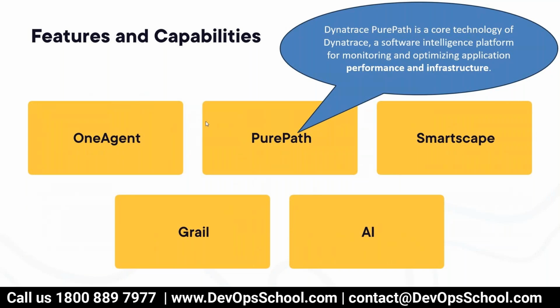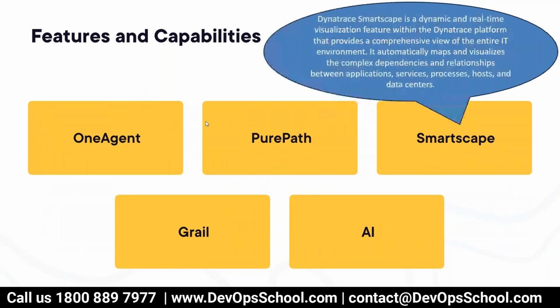Another feature we have is Smartscape, which helps you visualize everything in one place. You have infrastructure, which includes servers, networks, applications, and many more services, processes, hosts, and all. Everything you can visualize in one place, along with dependencies and relationships.